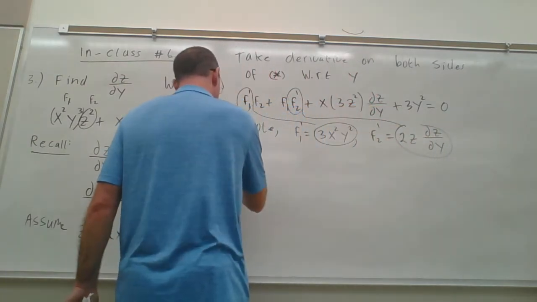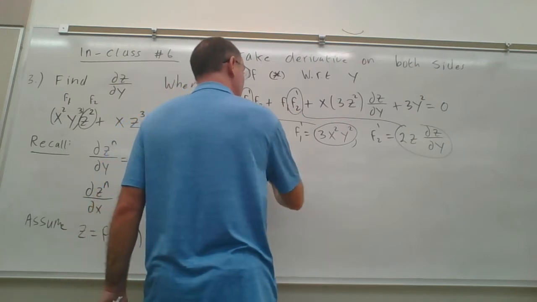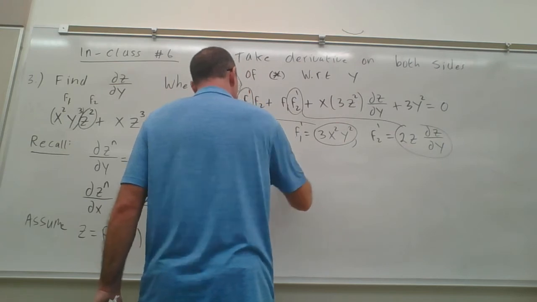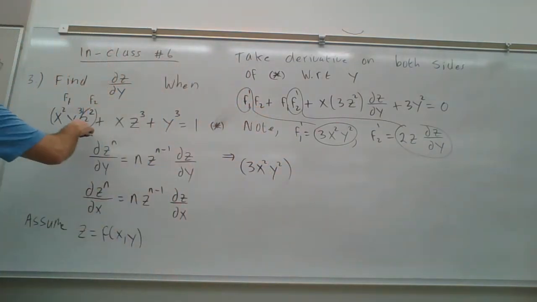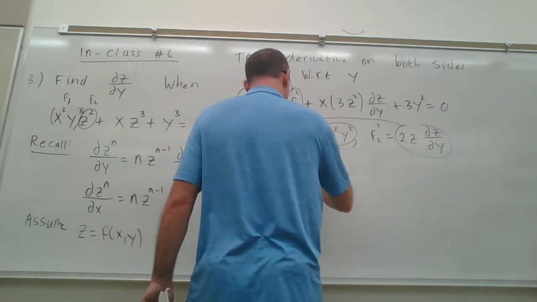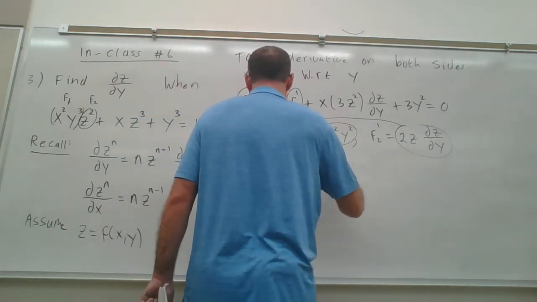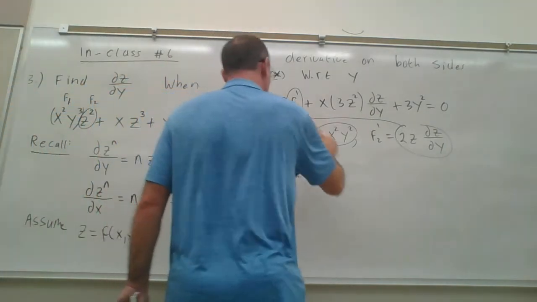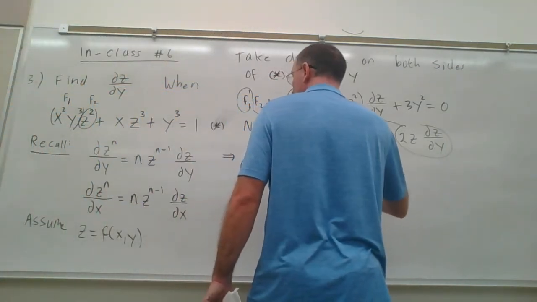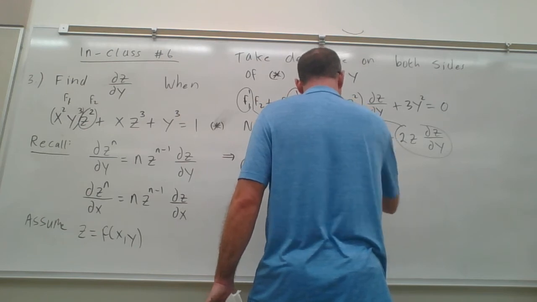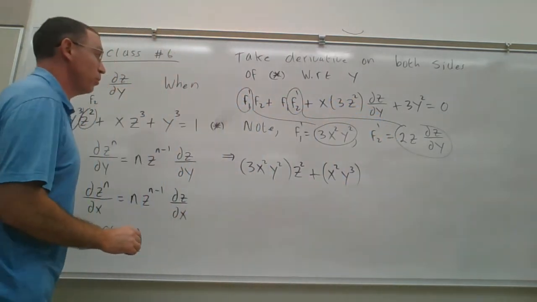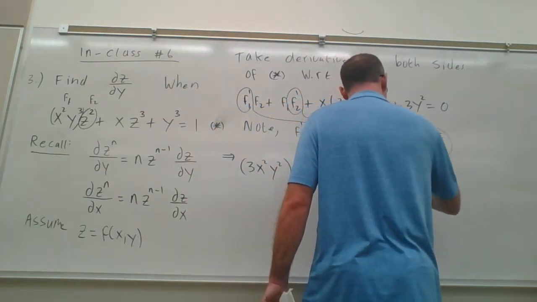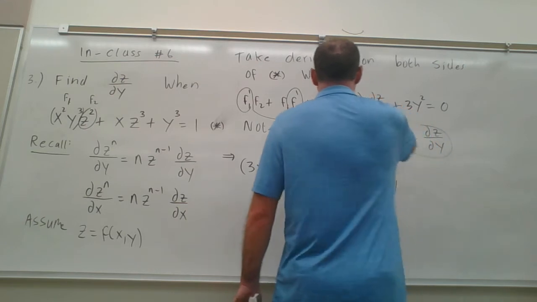Doing that, we'll have 3x squared y squared times f2, where f2 is z squared, plus f1, where f1 is x squared y cubed, times the f2 prime, which is 2z partial z with respect to y, and then we still have this stuff here.